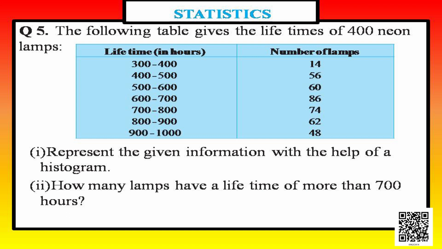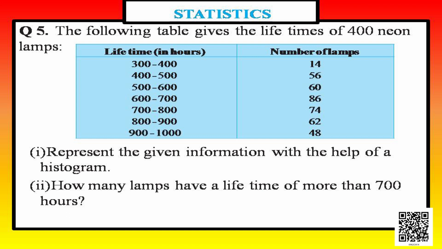The first column is the class interval, which is indicated as 300 to 400, then 400 to 500 and so on till the last one, 900 to 1000. And in the second column we have number of lamps, or frequency. They are 14, 56, 60, 86, 74, 62 and 48.